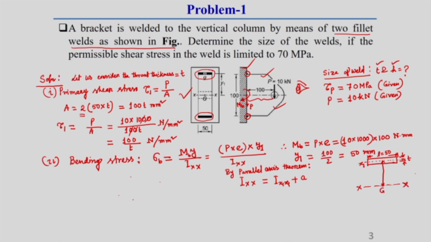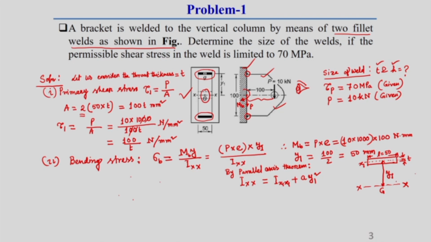Capital X axis means where the overall CG of the weld is passing, which I am showing here. So, this is equal to y1. So, this will be area into y1 square. This you should keep in mind.